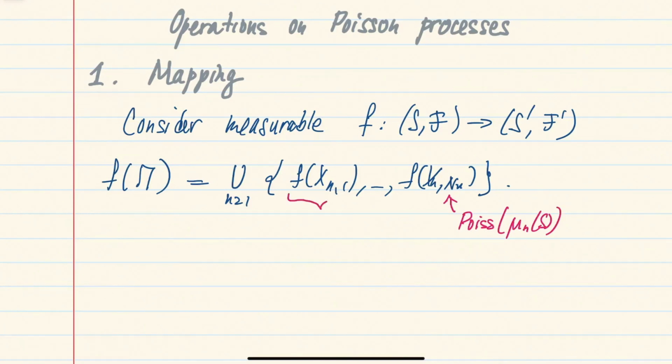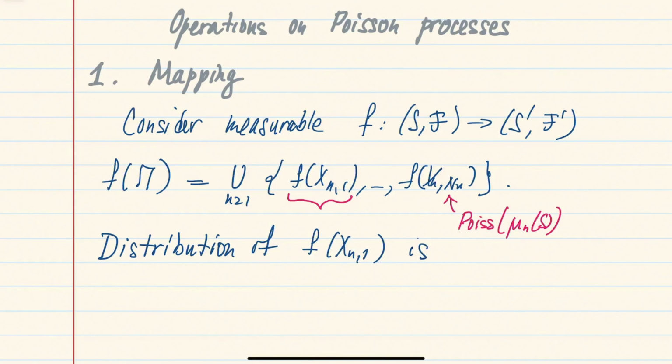So we really have to just look at one of them and see what the distribution of this one random variable is. But of course, it's just the distribution of x, which was P_n, under this map, so it's the image measure by this map f.